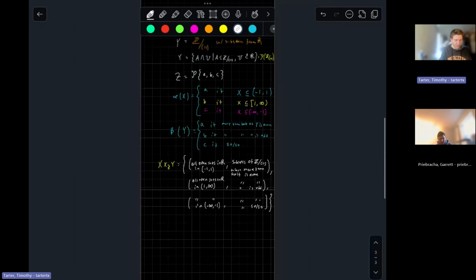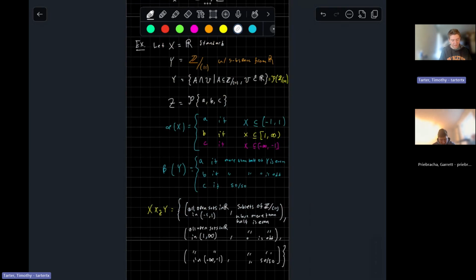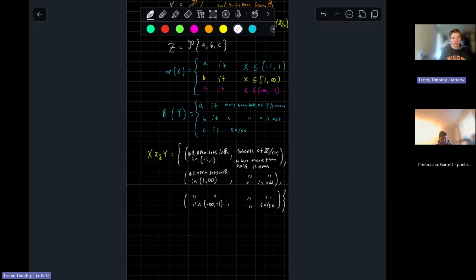And then this is the fibered product of this in topologies. And we can see how this is basically the intersection of topologies in Z. To be very clear here, we could not have gotten A and B in Z in our fibered product.